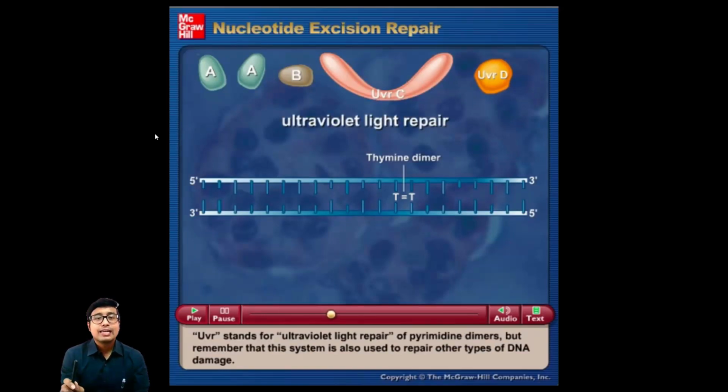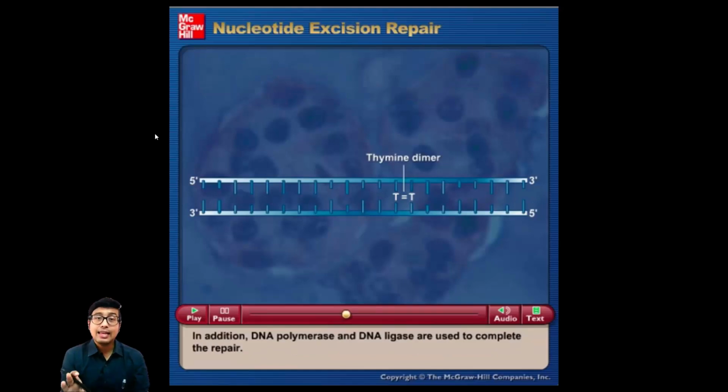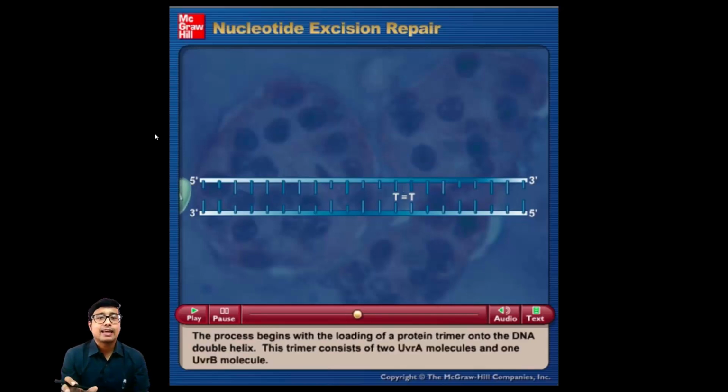UVR stands for UV light repair of the pyrimidine dimers, but it's also used to repair other forms of DNA damage. In addition to UVR A, B, C and D, we need DNA polymerase for the final gap filling and DNA ligase for the final sealing.